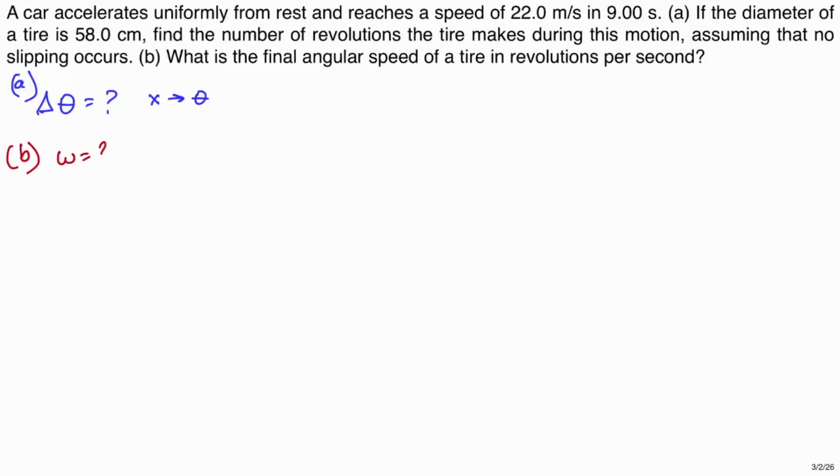Angular speed is omega, right? So what am I going to need to know in the linear version so I can convert it over? Velocity. If I can find my velocity, I can convert that into omega. So that's my plan.